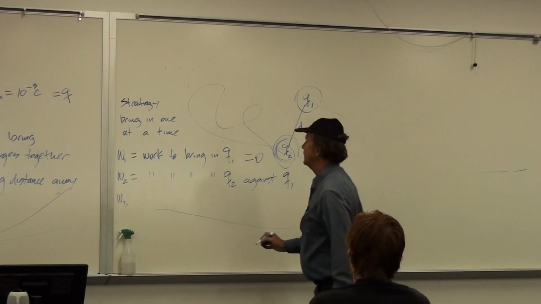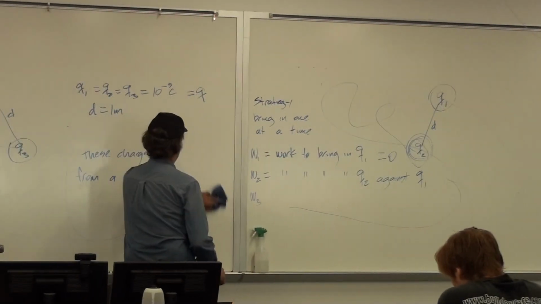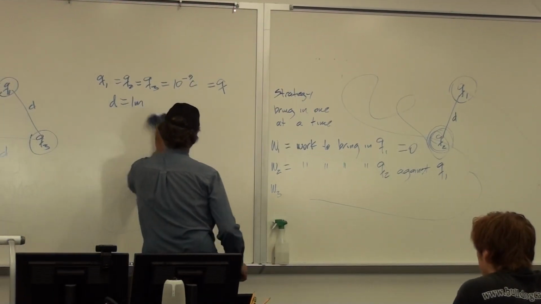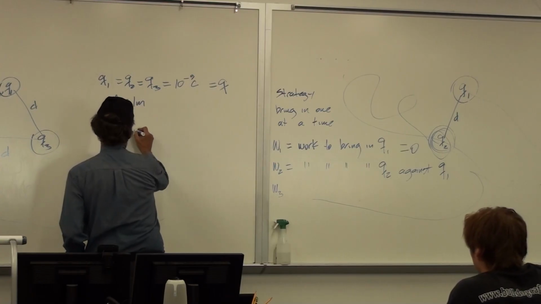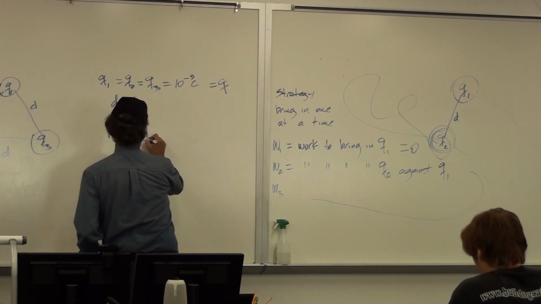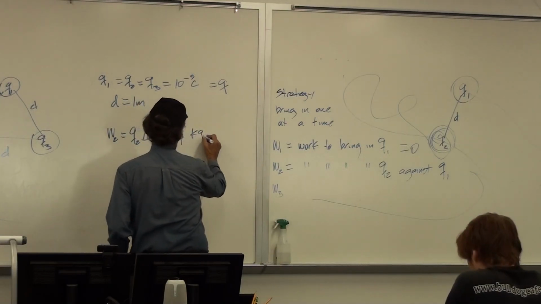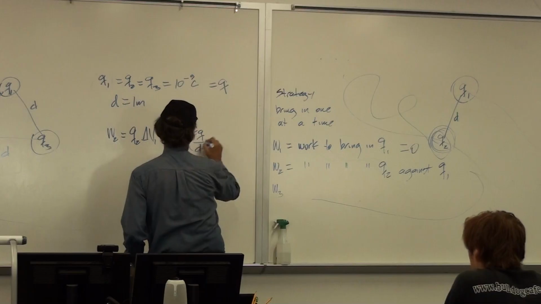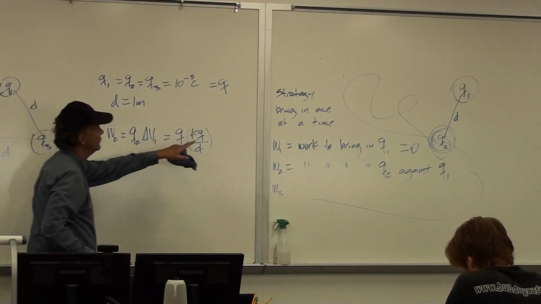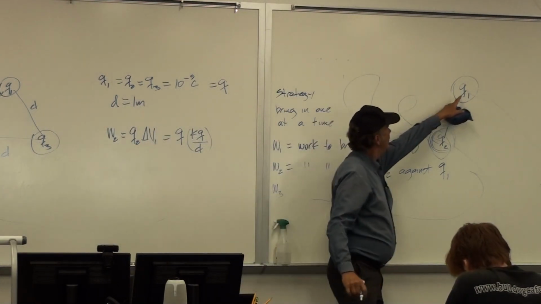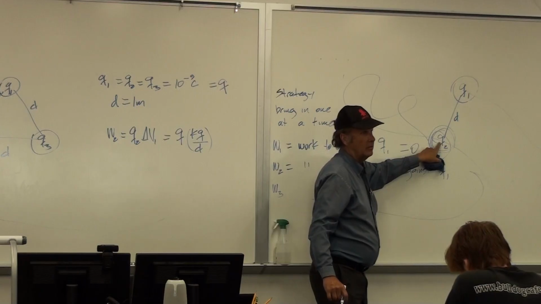And so W2 is just equal to Q2 times delta V1. But that's just Q times KQ over D. This is voltage 1. Okay, so that's the voltage that's produced by particle 1 at this location, d away.